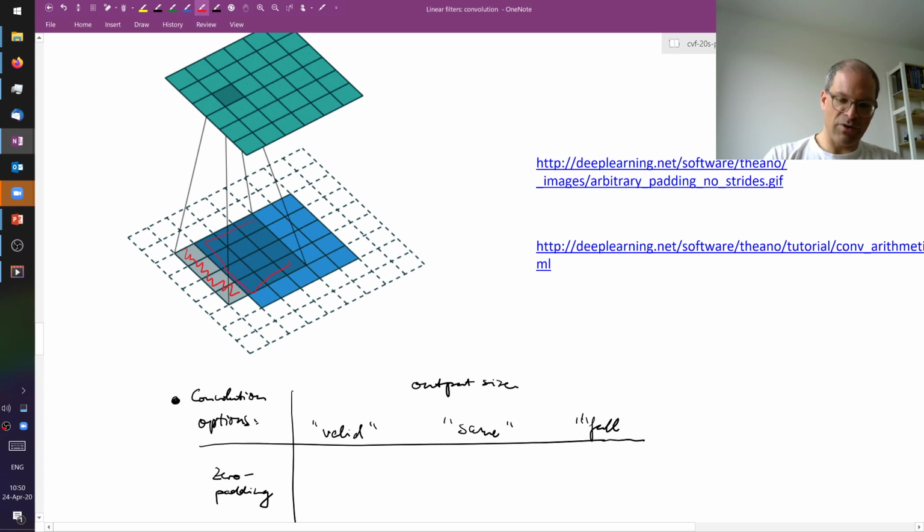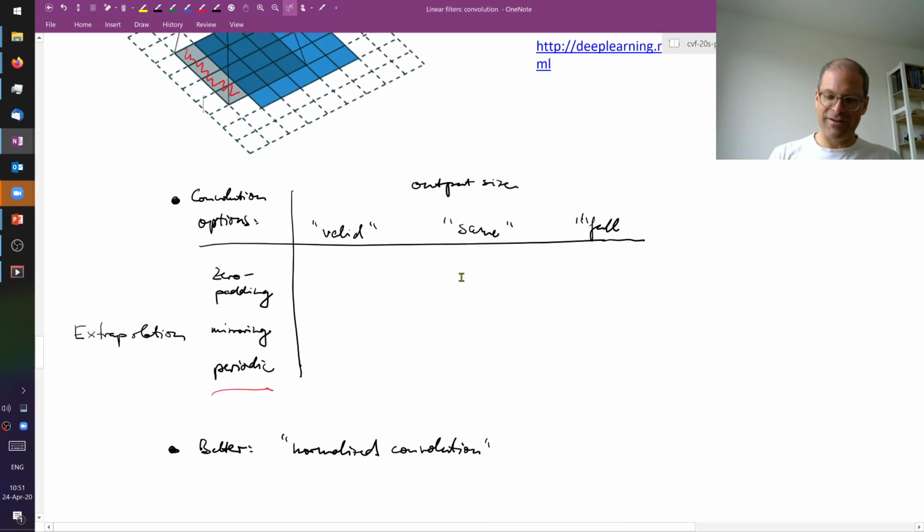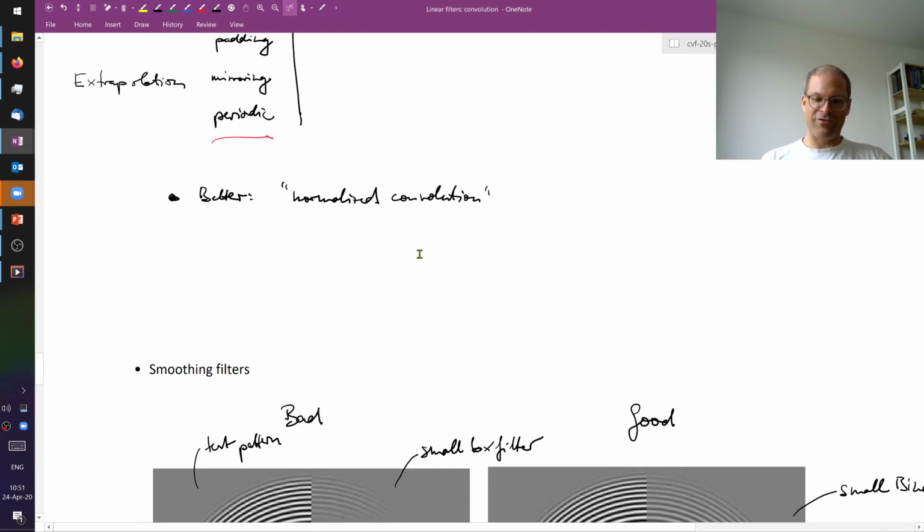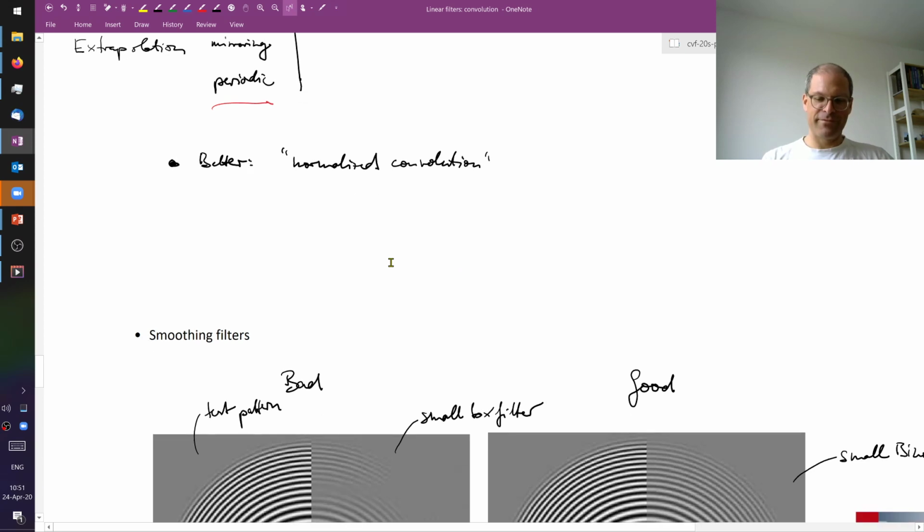You truncate the filter to the valid part of the input, but you readjust your filter. If you want to know more about this, look it up separately. I don't have time to talk about it now.